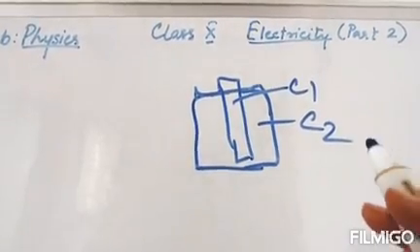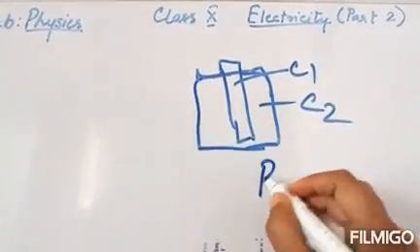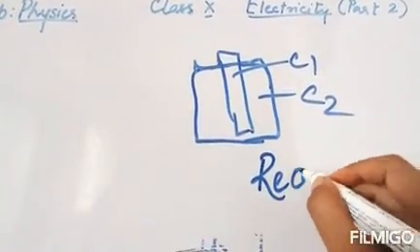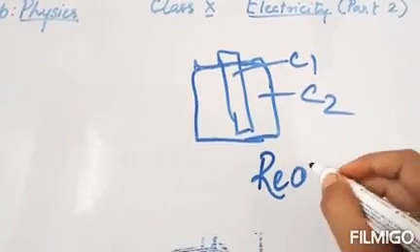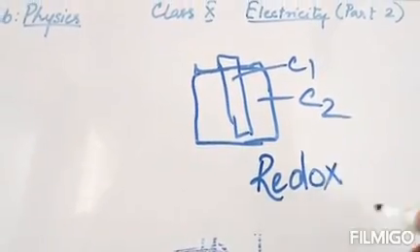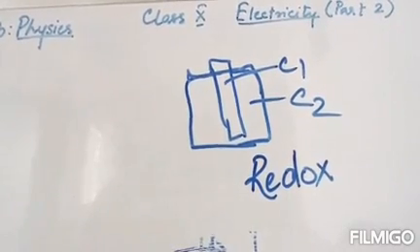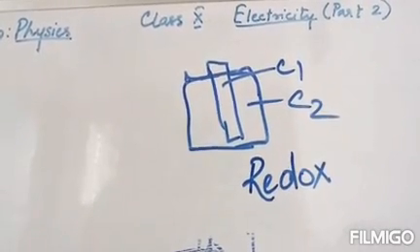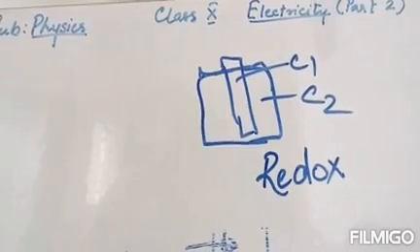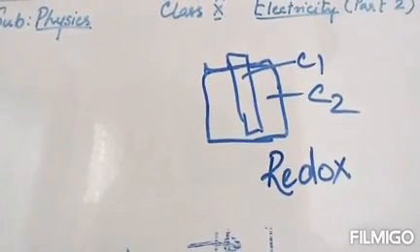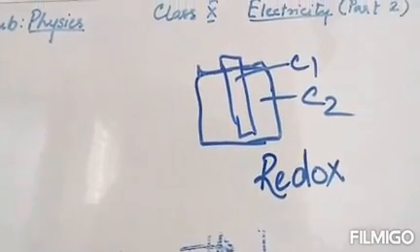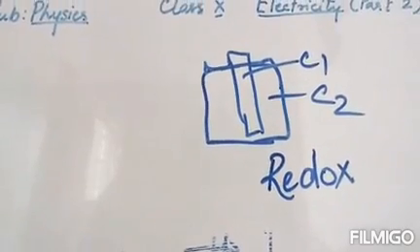Between the chemicals there will be a redox reaction, and as a result one end will have a deficit of electrons and the other end will have an excess of electrons.